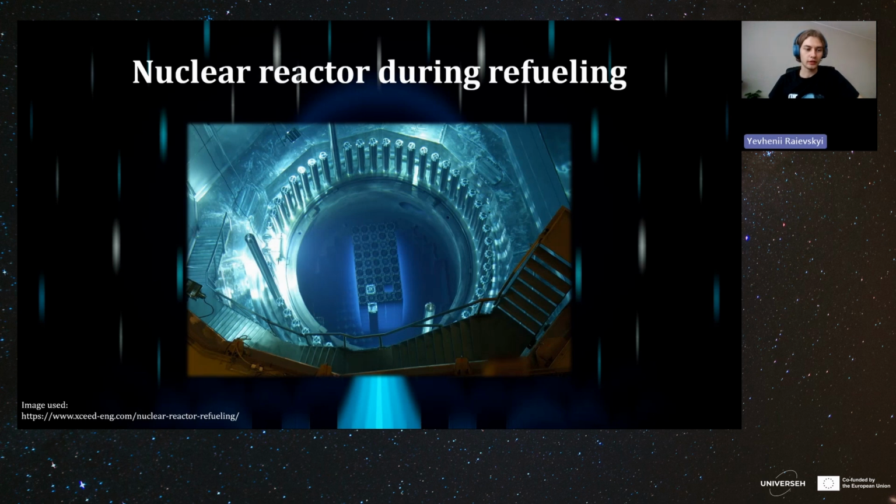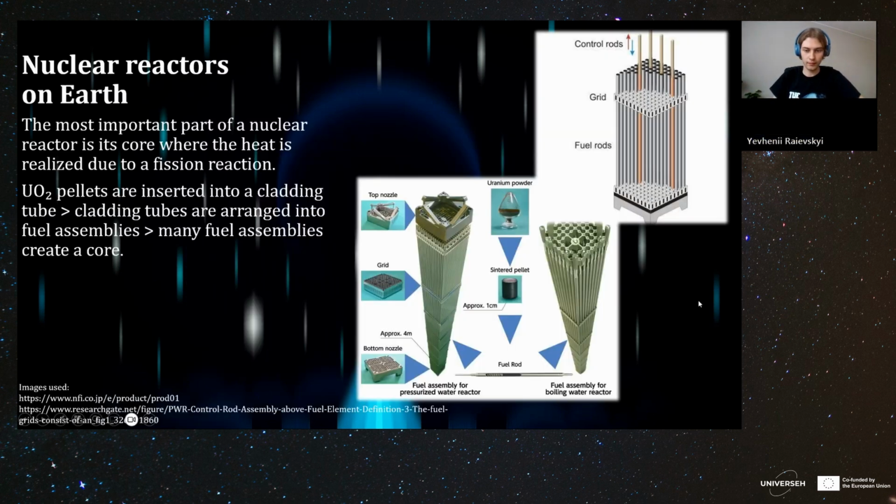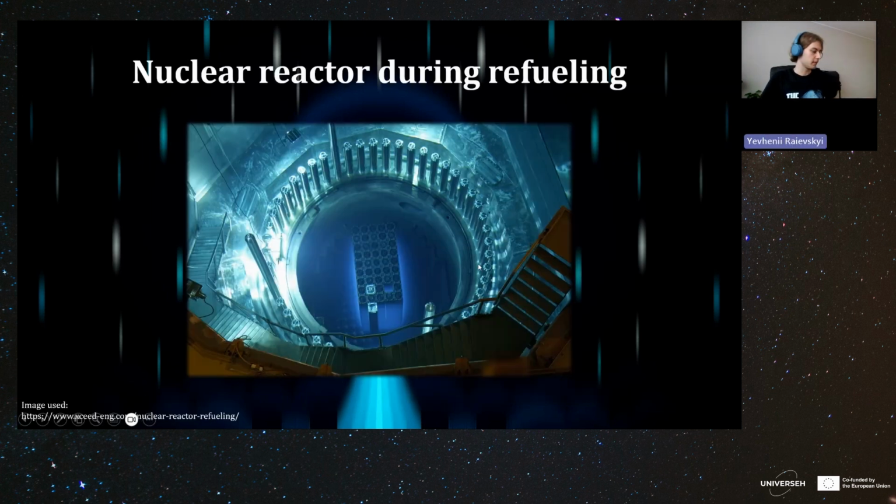So how do you do that? Basically, you just move up the assemblies where you have to exchange those pellets. After that, they are moved down into the reactor and it works again.